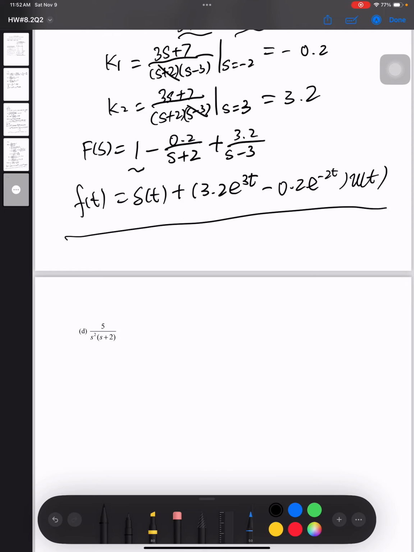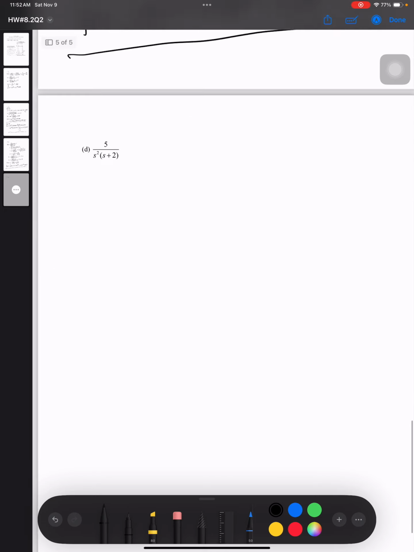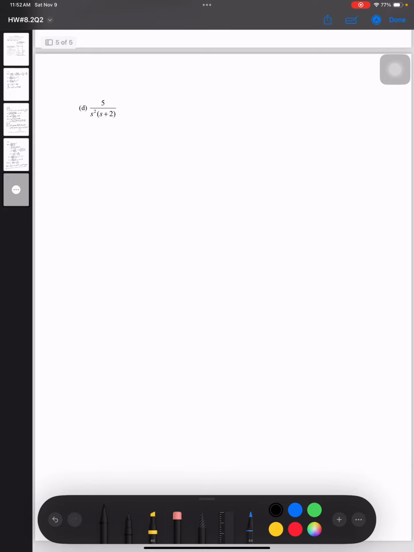And for the next equation, we still try to do some derivation and simplification: 5 over s squared times s plus 2.